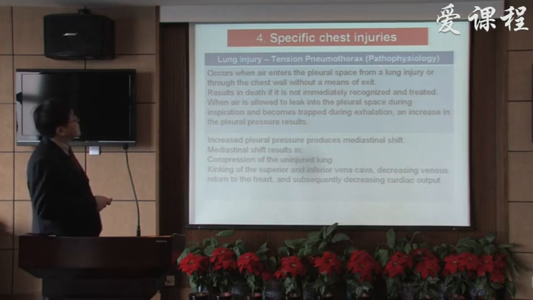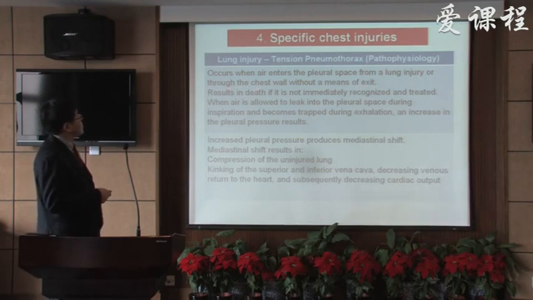The pathophysiology of the tension pneumothorax is that the following occurs when air enters the pleural space from a lung injury or through the chest wall without a means of exit. The air only enters, and does not exit.